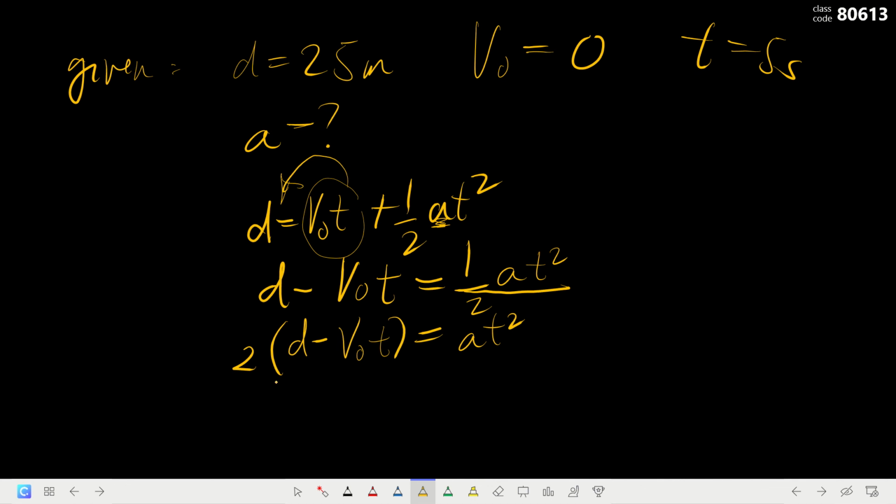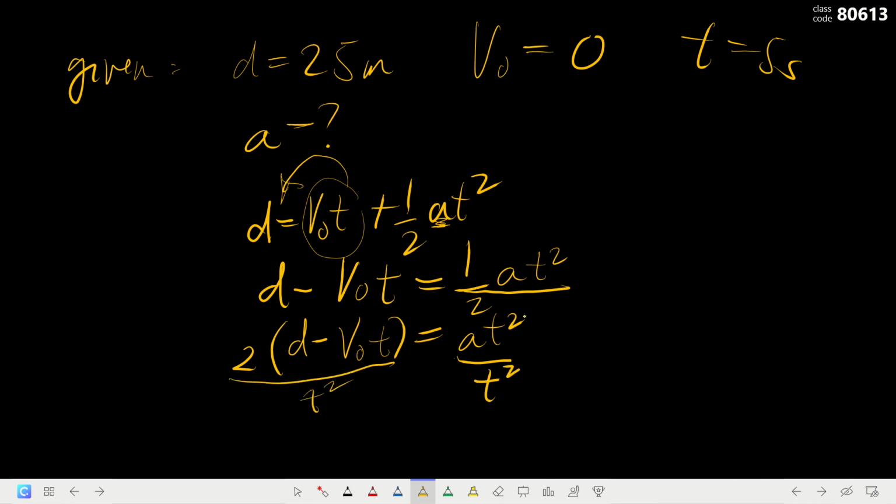And then, we need to divide both sides. We multiplied acceleration by the time squared, therefore the inverse of multiplication is division. Divide both sides by t squared.